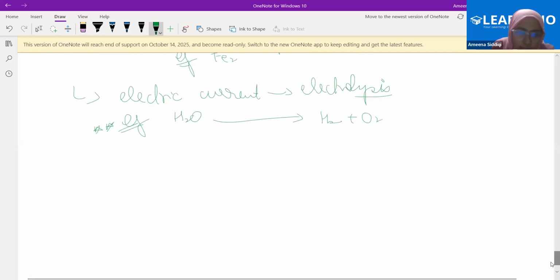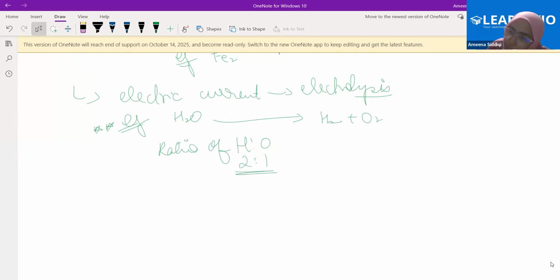And the third one, I'll quickly write here. The ratio of hydrogen to oxygen in the electrolysis of water is 2:1. What is the ratio? Two times hydrogen and one time oxygen.